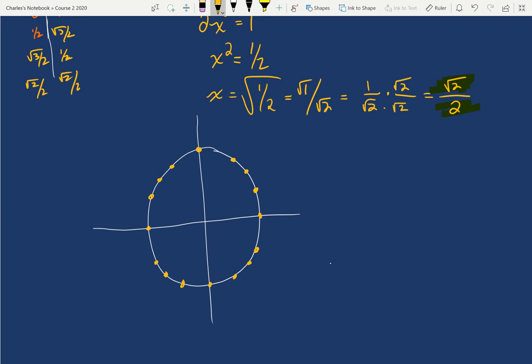If you want to go further into it, the angle from the origin to this first point is 30 degrees. The angle from the origin to the second point is 45 degrees. The angle to the third point is 60 degrees, and to the next one is 90 degrees.